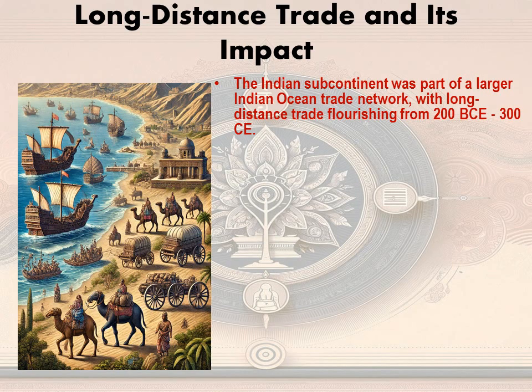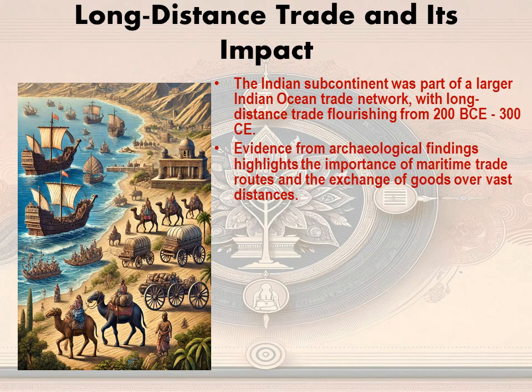So, long distance trade used to flourish in the Indian Ocean region from 200 BC to 300 CE, and it is very important in understanding the trading networks of the Indian Ocean area.